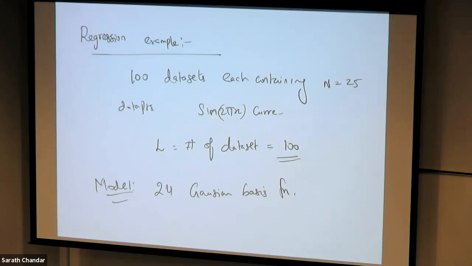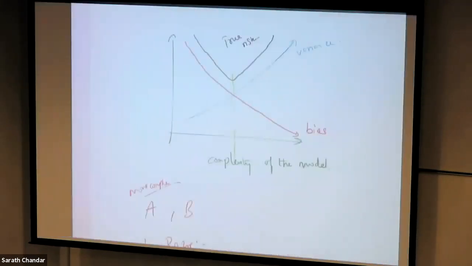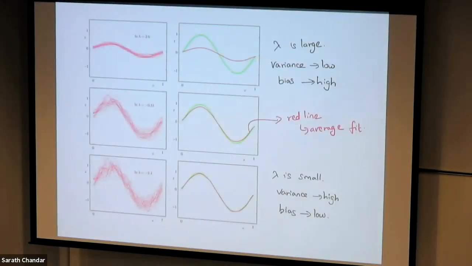Here is what the performance would look like. We are going to use L2 regularization with least squares. Regularization is going to reduce the variance as much as possible. When the lambda value is large, the variance is low, but the bias is very high.